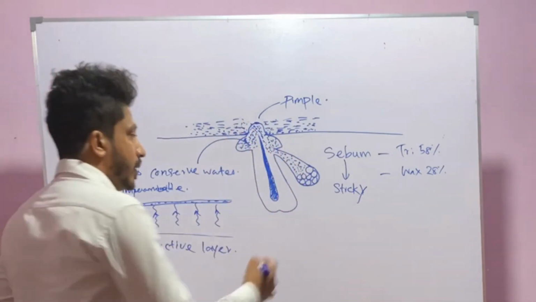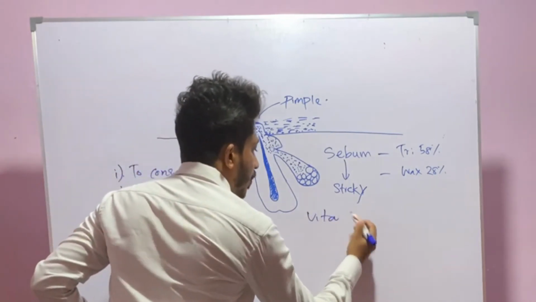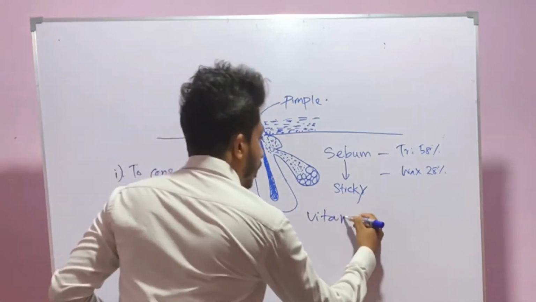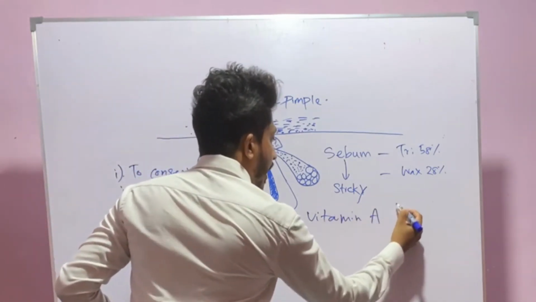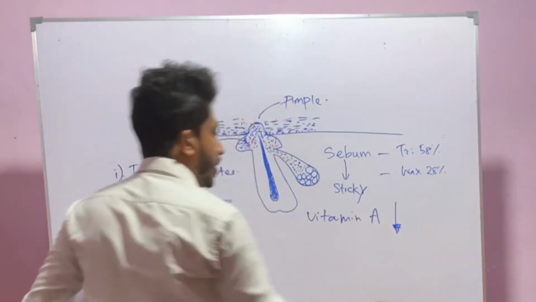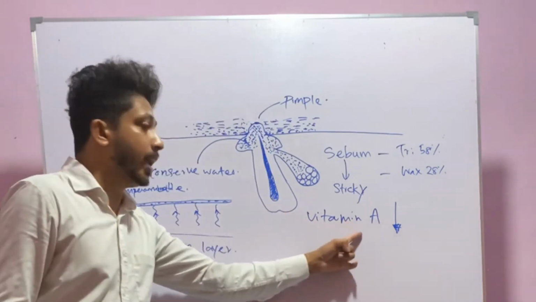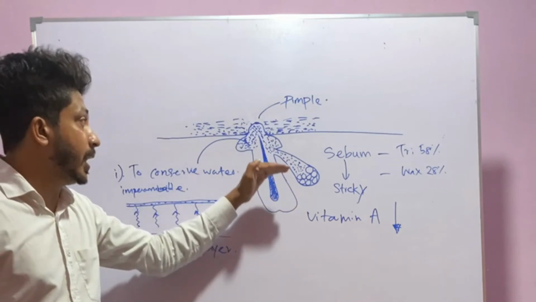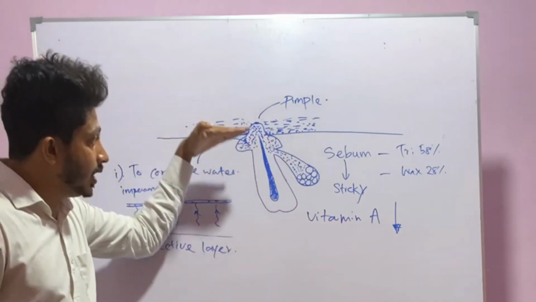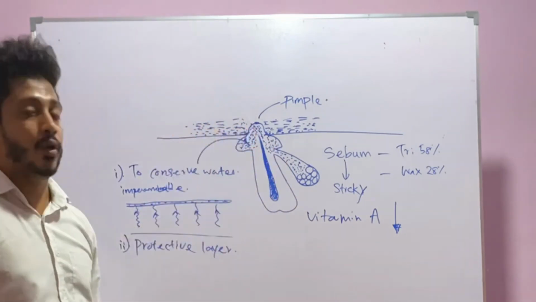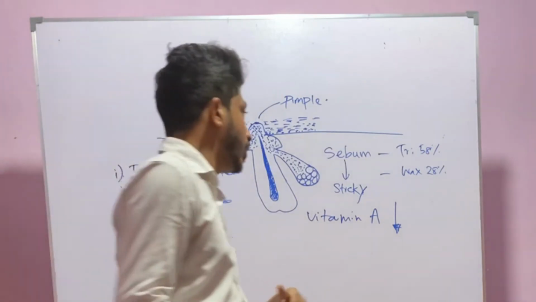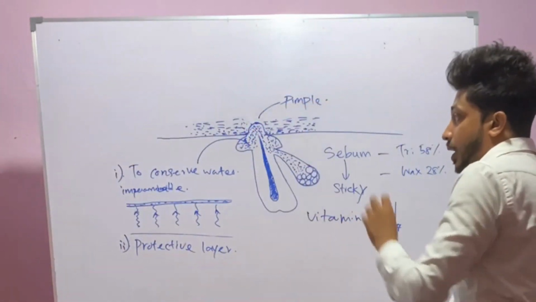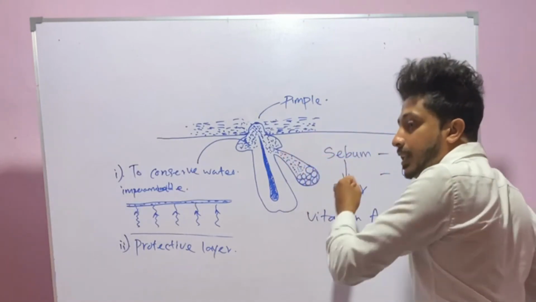What can vitamin do? Vitamin A reduces the extra sebum they produce. Because of that, it can reduce the possibility of forming pimples. I have already told you this entire process is because of that extra sebum.